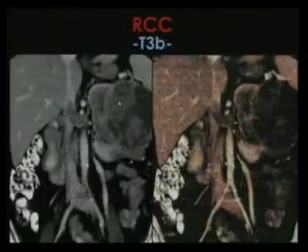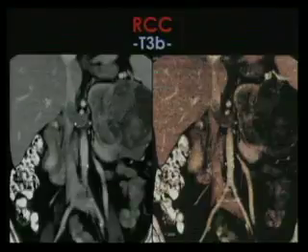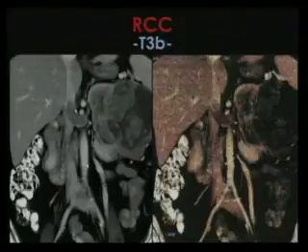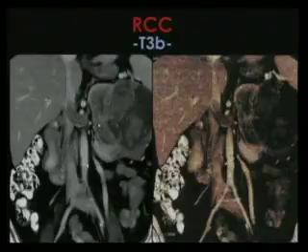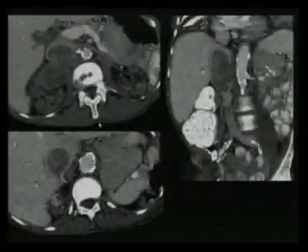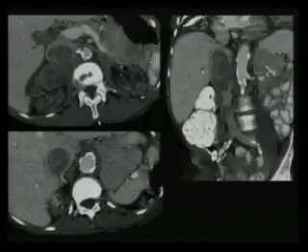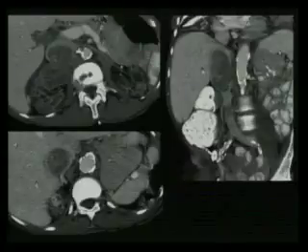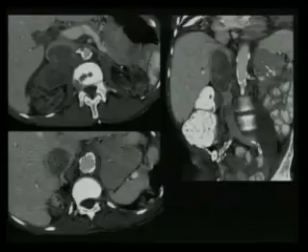Let's see some examples. This is a left-sided renal cell carcinoma with invasion into the left renal vein and the IVC. We can see the margins, and we can see how heterogeneous is the filling defect. This is a tumor thrombosis. Another patient with extensive tumor thrombus involving the IVC in a patient with acquired renal disease and development of renal cell carcinomas.